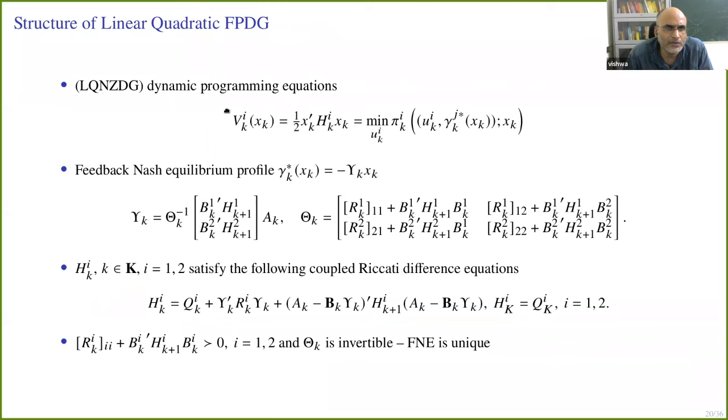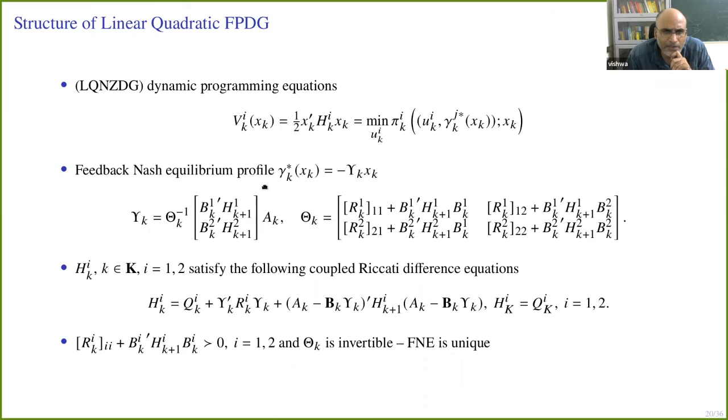To review the feedback Nash equilibrium and also the optimal solution in a linear quadratic framework: the feedback Nash equilibrium actually has the following structure. Here I assume the value function is quadratic.